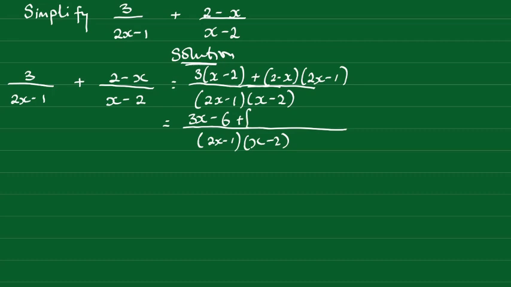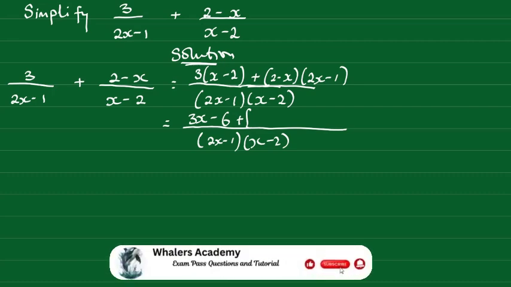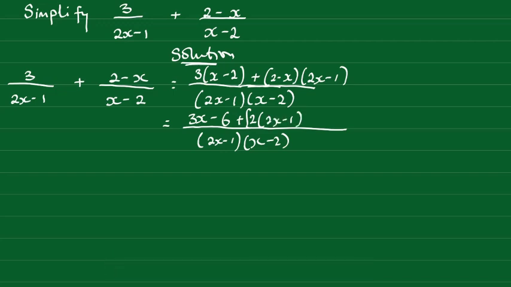We have (2 minus x)(2x minus 1). Both would multiply themselves, and we end up having 2(2x minus 1), while we have minus x(2x minus 1), all bracket close.